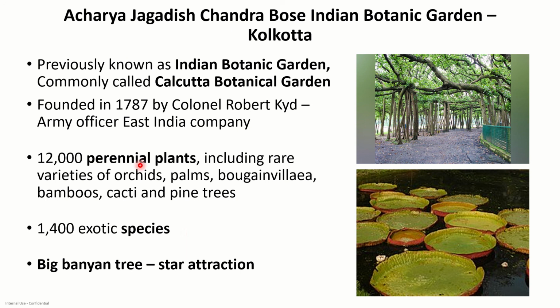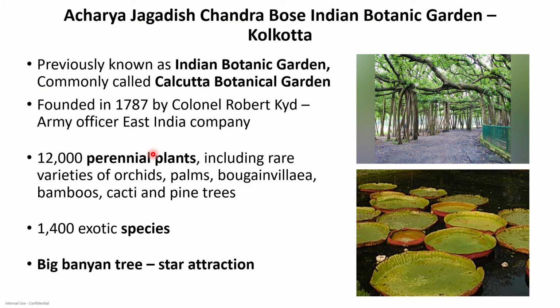Next, coming to Acharya Jagdish Chandra Bose Indian Botanic Garden, located in Kolkata, in Shibpur, Howrah district. It was previously known as Indian Botanic Garden, or commonly known as Calcutta Botanical Garden.